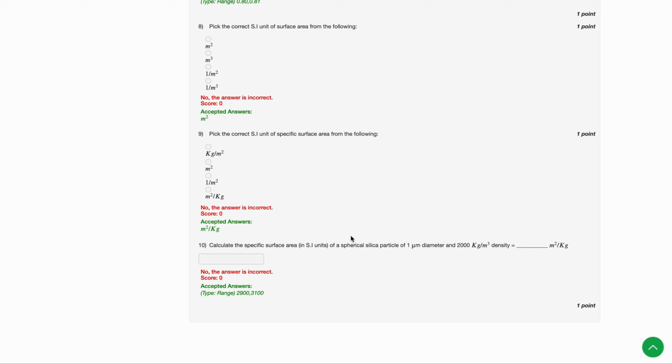Fine. So I have to calculate the specific surface area. The surface area is equal to pi d square.